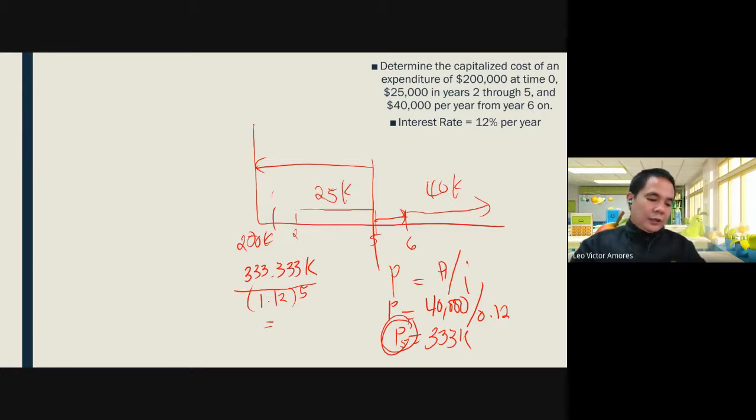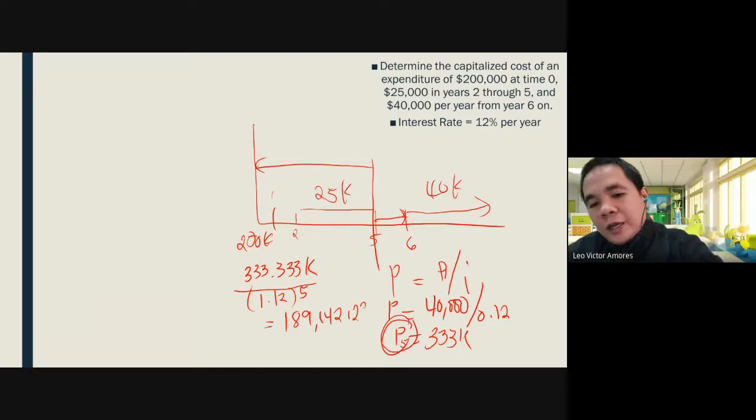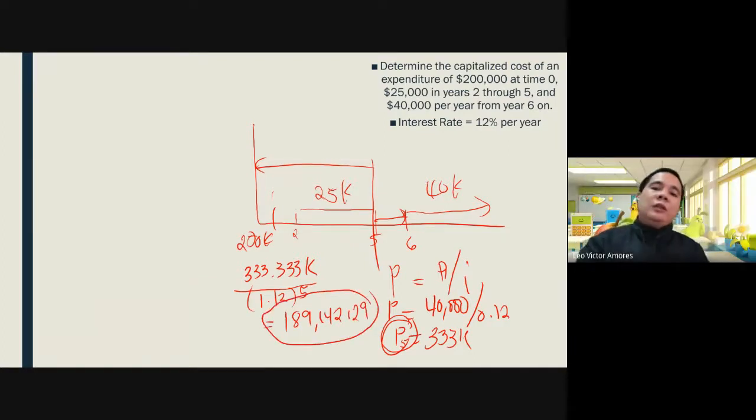That is 189,142.29. So your 40K starting at year 6 is worth 189,000 at year 0.